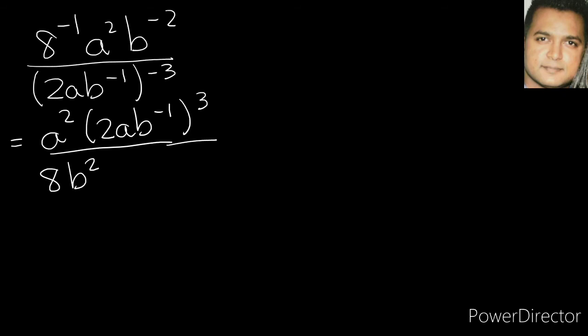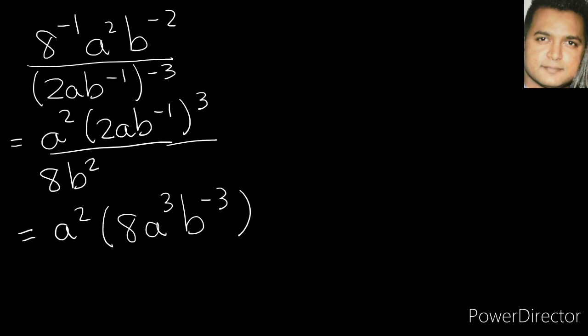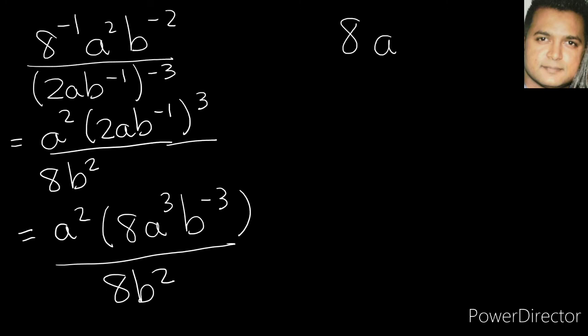All we need to do now is to work with the bracket. So we have a squared. This will be 2 to the power 3 is 8, a3 and b minus 3, all over 8b squared. Thereafter we'll multiply through. We'll have 8 a to the 5 and b to the minus 3 all over 8b squared.